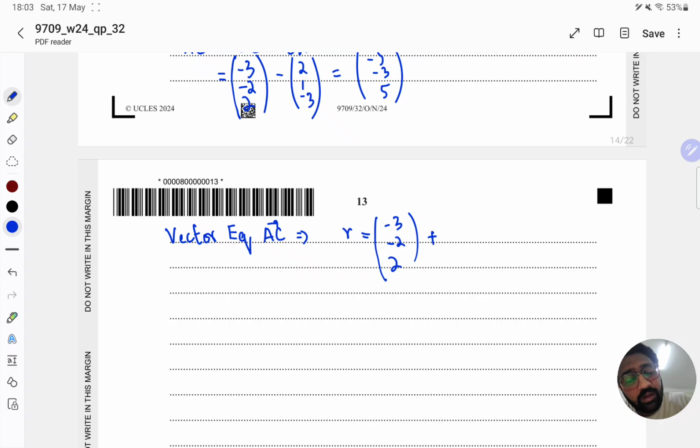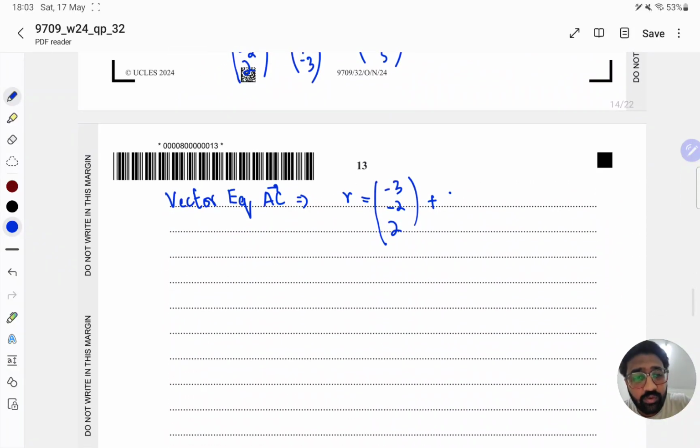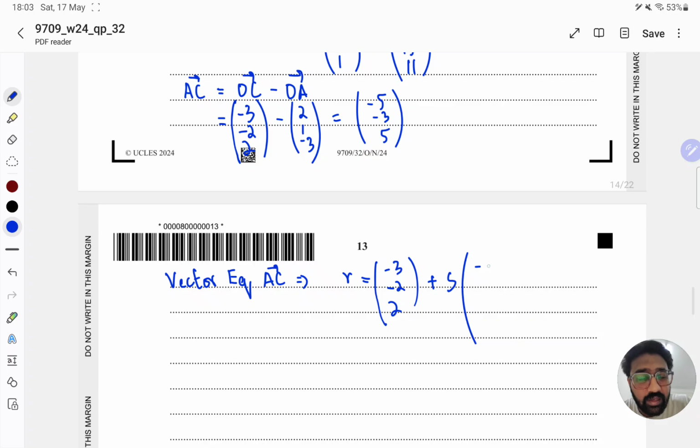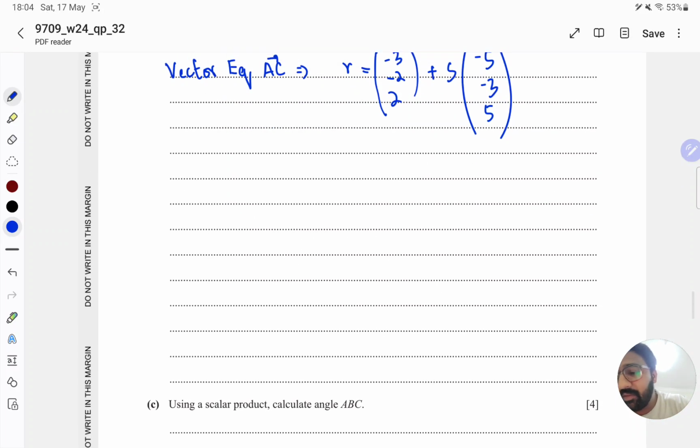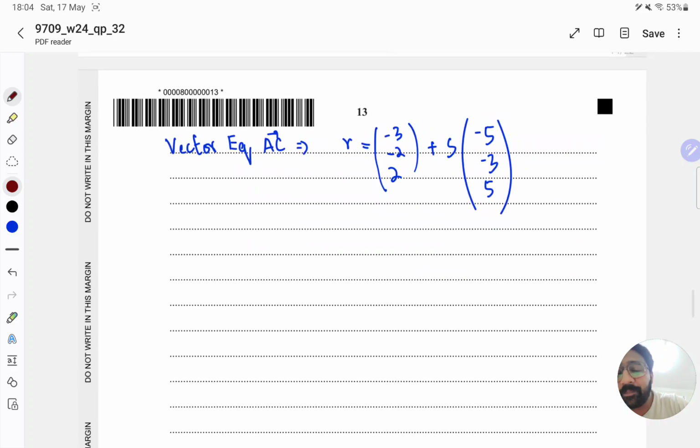We already have used t, so let's use s over here, times the direction for AC, minus 5, minus 3 and 5. Now we have the vector equation for both of them. We'll put them equal to each other.